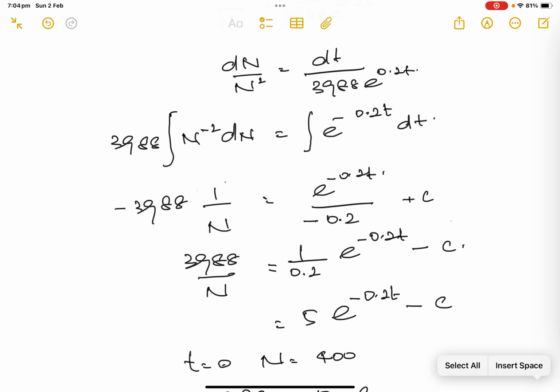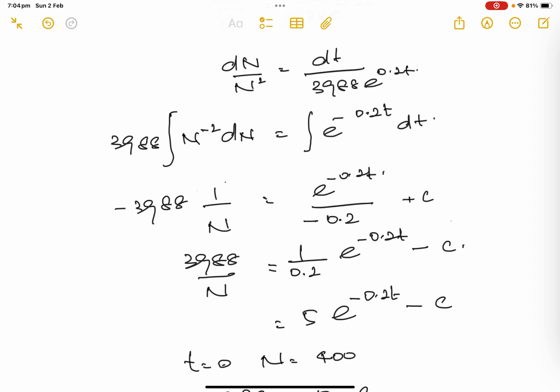If you do integrate that, so this side, the integral of n to the power of minus 2 is n to the power of minus 1 divided by minus 1. So that is why I put minus in front, I'm just jumping one step. So minus 1, 3988, and n to the power minus 1 is 1 over n.